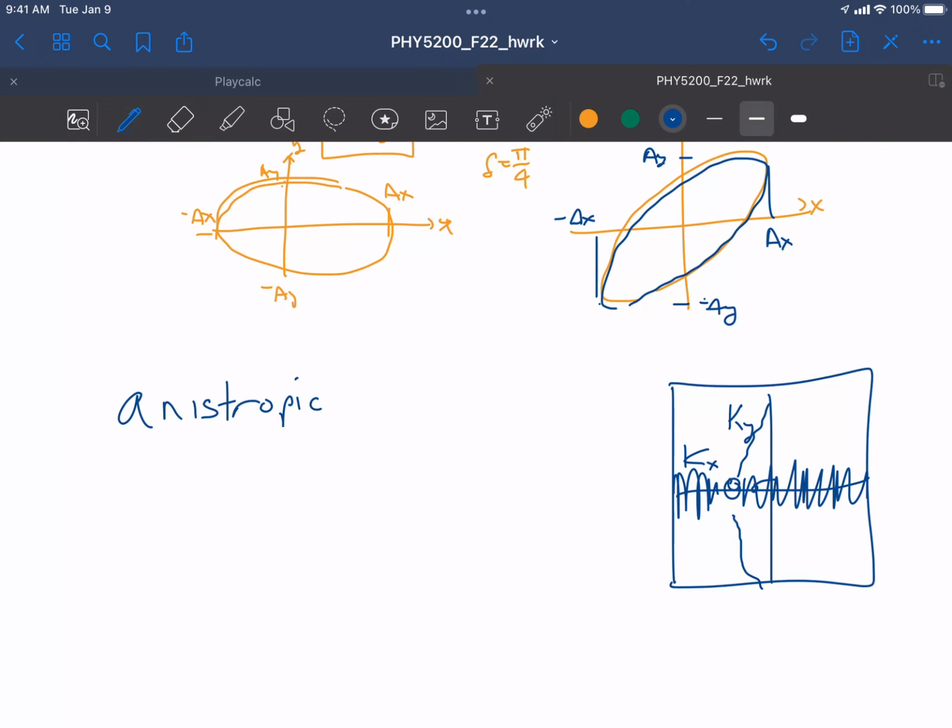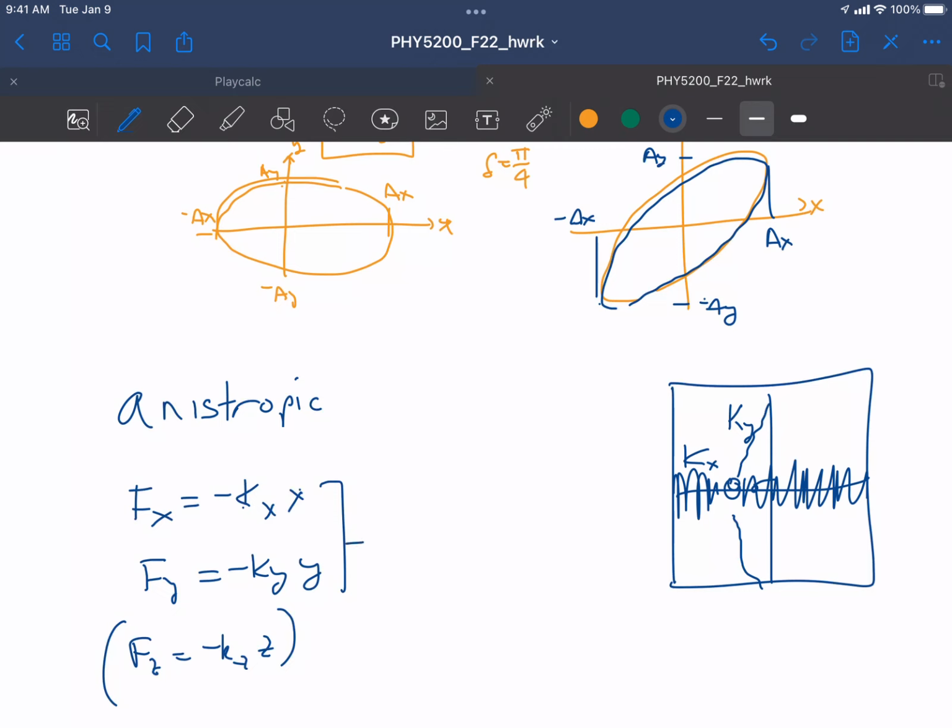And so our equation of motion is, well, our force is minus kx times x, and our force in y is minus ky times y. If this would be three-dimensional, f of z would be minus kz times z.